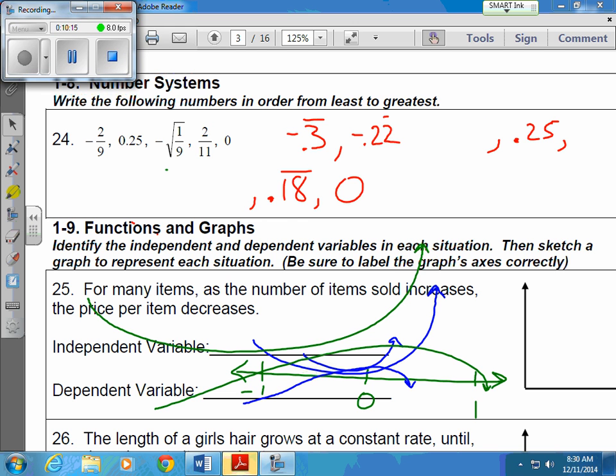After that is 0. So when you're in the negatives, it works backwards. The bigger it looks, the smaller it actually is when you're negative. In the negatives, the bigger it looks, the smaller it is. Well, 0.3 is like a 0.30. It's like a 30 when you're comparing it to a 0.22.